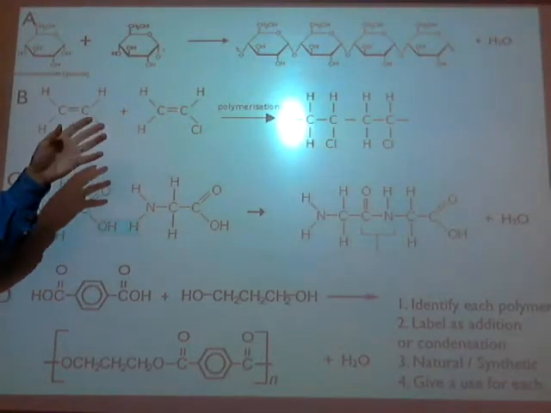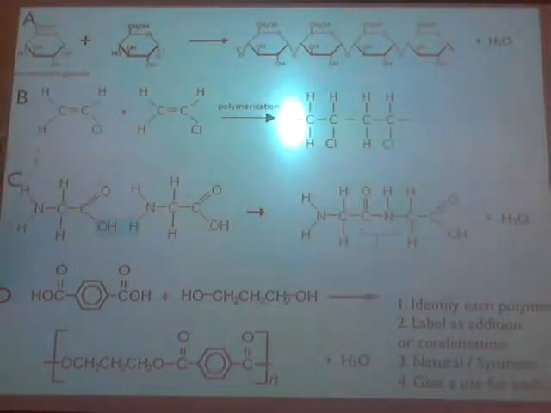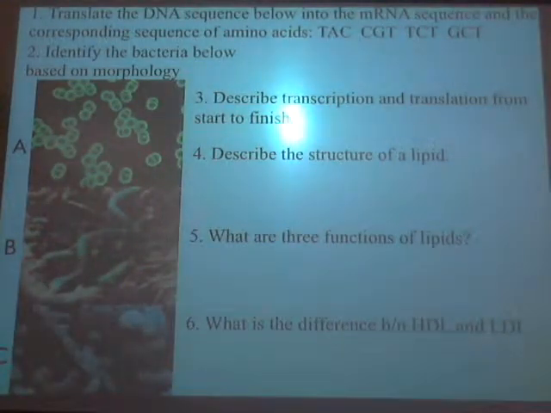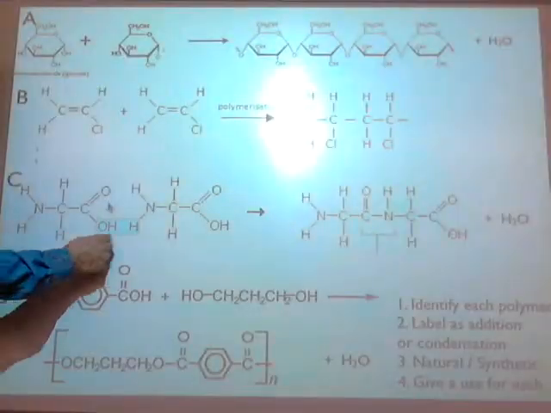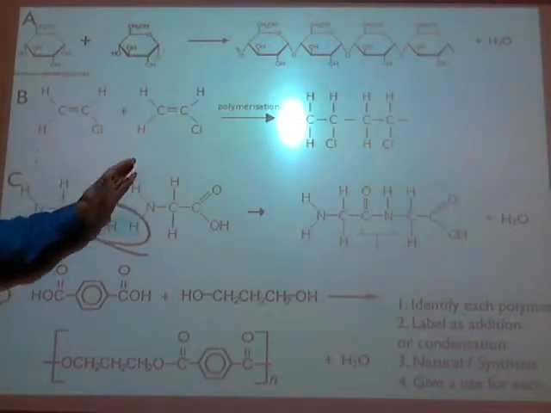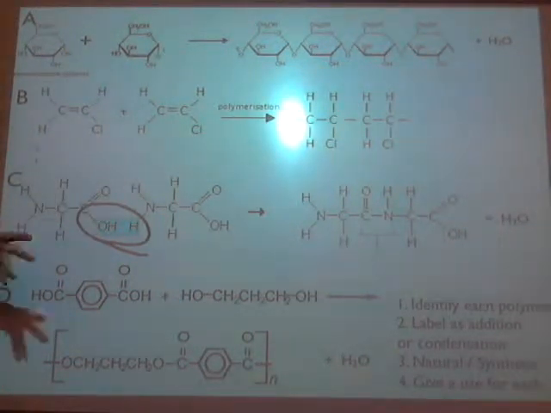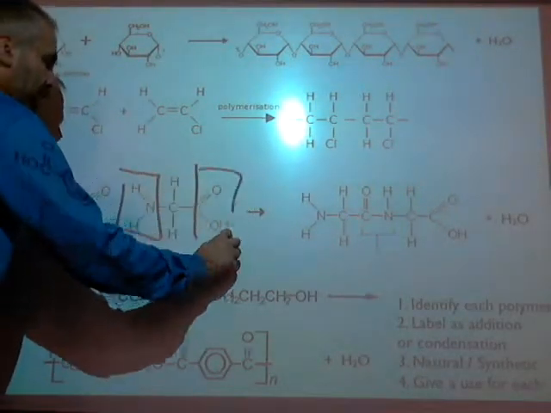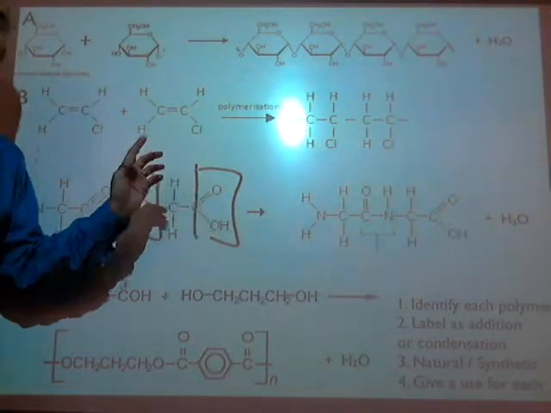Now the second way, besides knowing the monomer, to know them is by what's happening at this junction where they're combining together. And what you'll see here is this guy's made of an amine part and an acid part, and they're joining together at that point. So if you've got a guy with an amine part and acid, it doesn't matter what's in the middle.